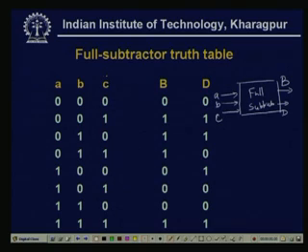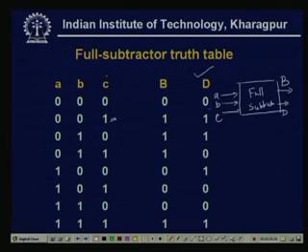Now, for all possible combinations we have written the B and D values. So, first we consider the difference. See that if AB is 0 0, already we know that 0 minus 0 is 0, but here one borrow is there.